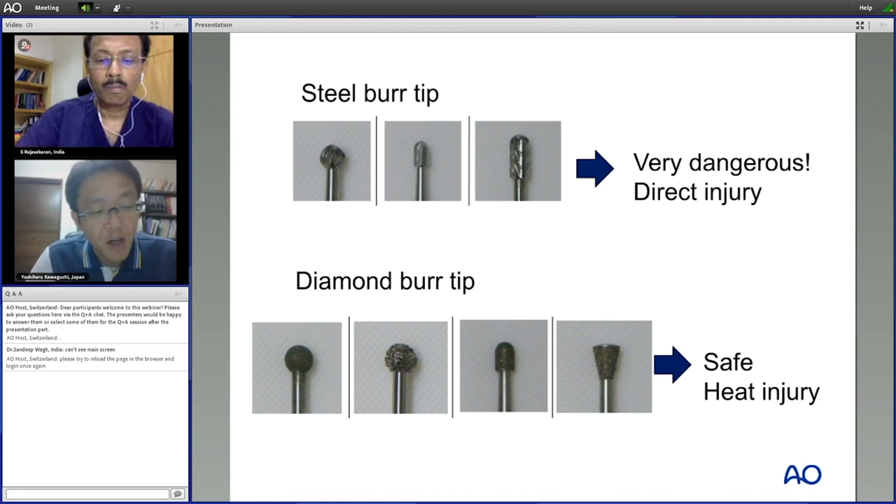There are 2 types of the tip of the bur: steel bur and diamond bur. Steel tip is dangerous and has potential direct injury, so you must be very careful. Diamond tip is relatively safe, but heat injury might occur.